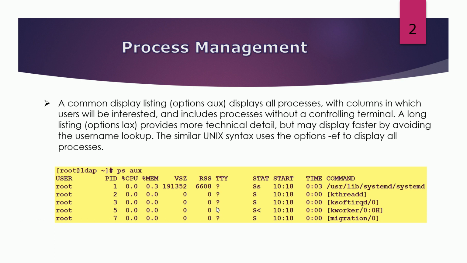Here you can see the simple command I have used, ps -aux, and the output is more understandable. For a long listing, you can also use ps -lax, which provides more technical details. This output is more or less the same as the ps -ef output as well.